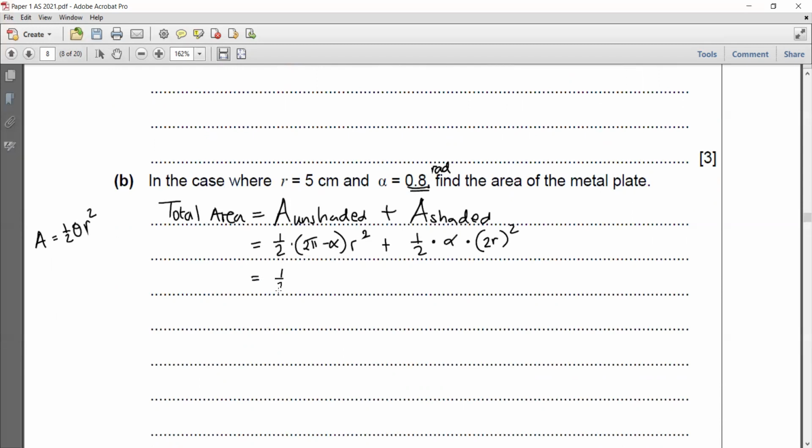So this is a half times (2 pi minus 0.8) multiplied by r, which is 5 squared, and then a half multiplied by alpha, which is 0.8, and then multiplied by 2 times 5 squared. So exactly the way it is here is what you will type on the calculator.